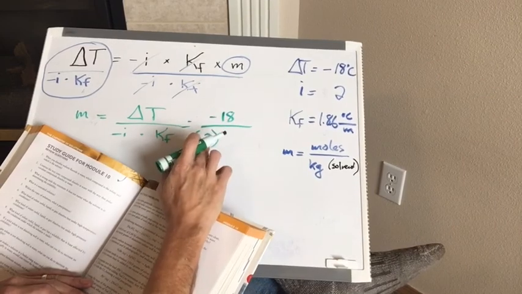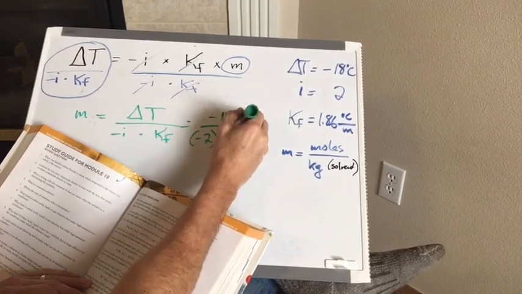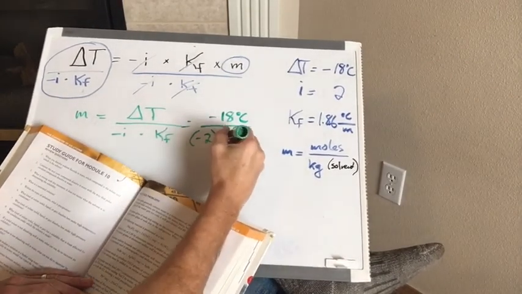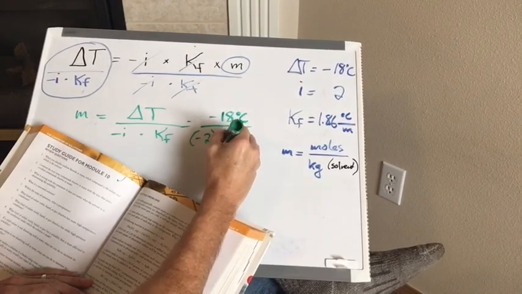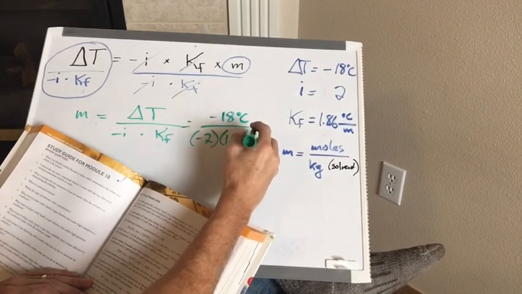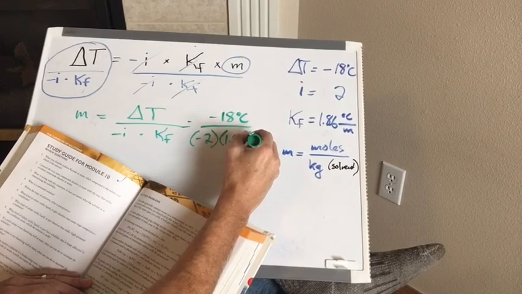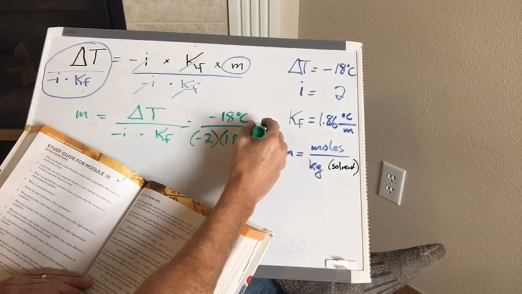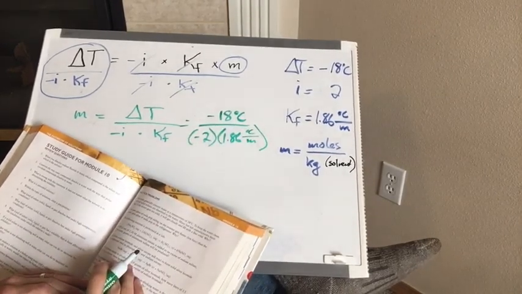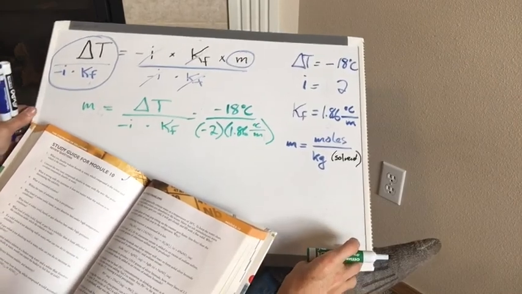which, this doesn't have a unit, this does have a unit, this is degrees Celsius. The Kf is going to be 1.86 degrees Celsius over molality. And that we can work out to get our answer.